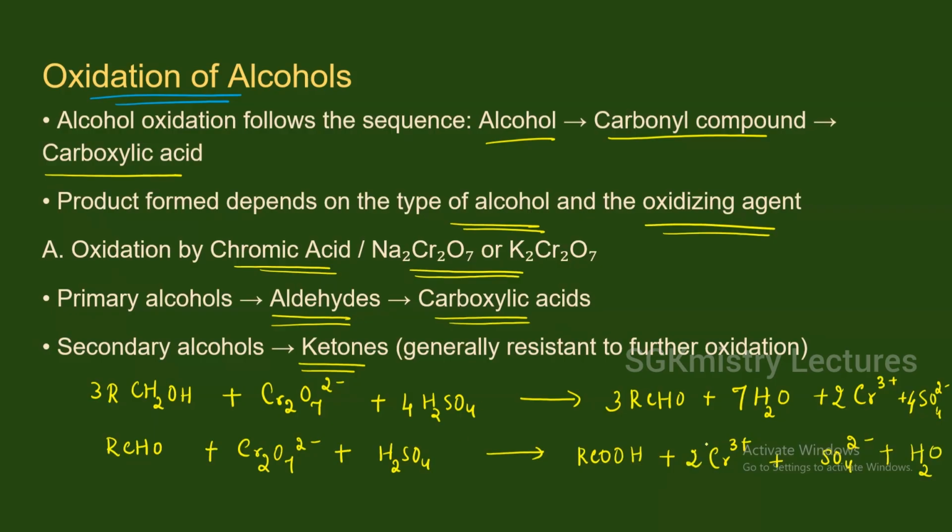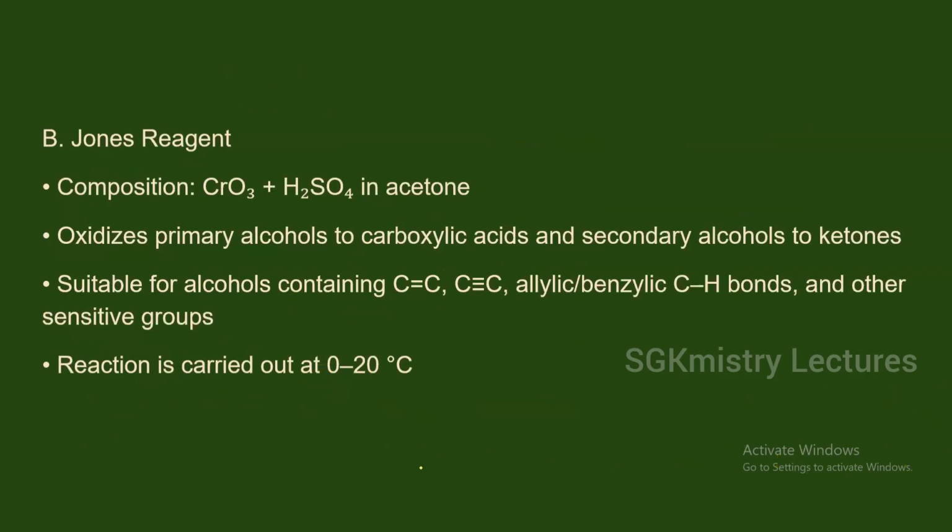First I'll add 2 here. Next, this will be 3 and 3. Here I'm going to take 4, and since I've taken 4 here, this also will be 4. Now sulfate also will be 4, because 4 sulfuric acid I have taken. Yes, now it is balanced. So this is about how the primary alcohol will be converted to the aldehydes and then to the carboxylic acids.